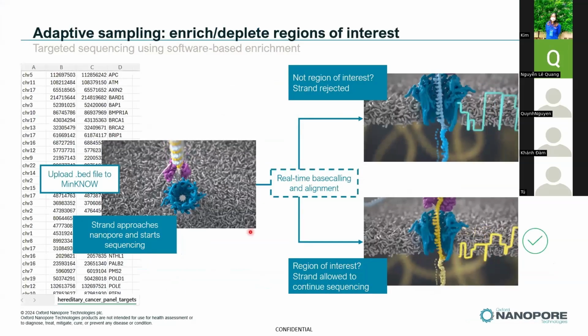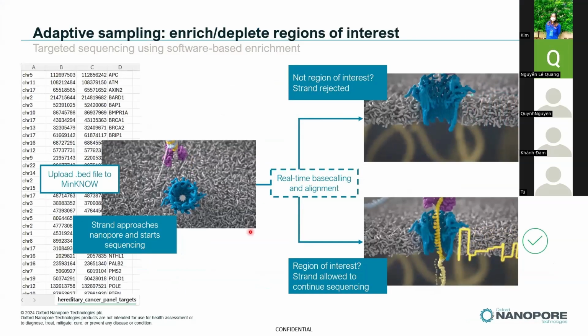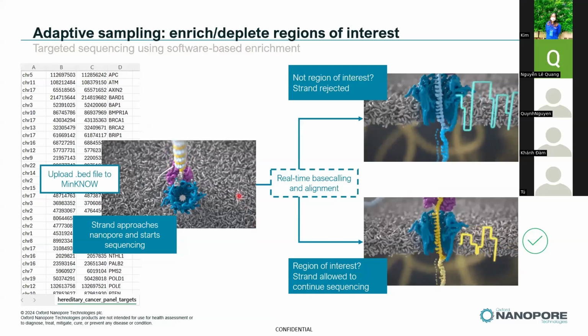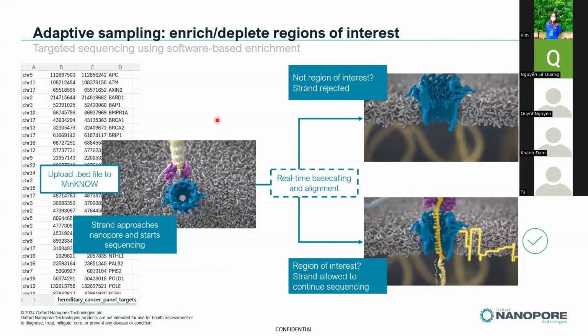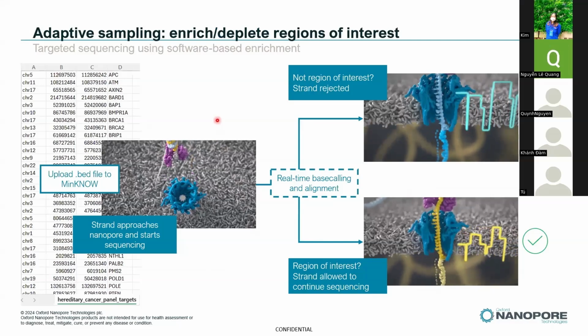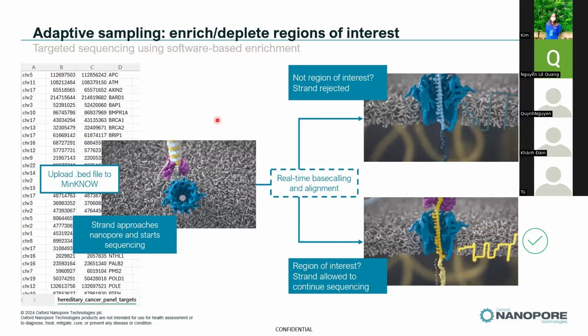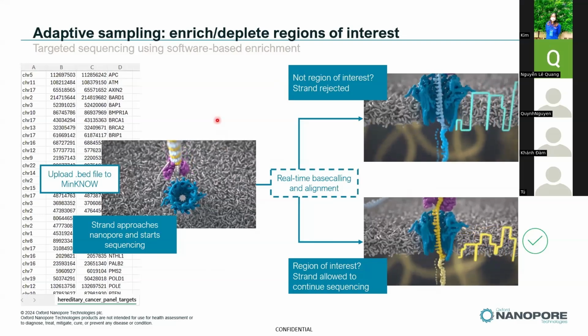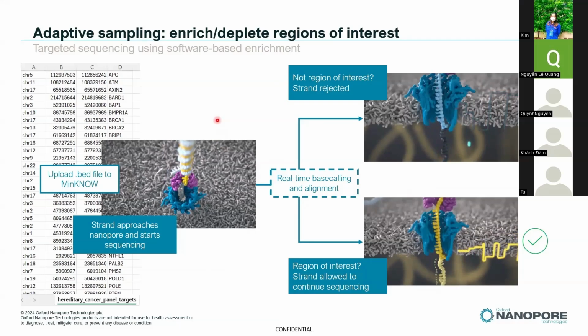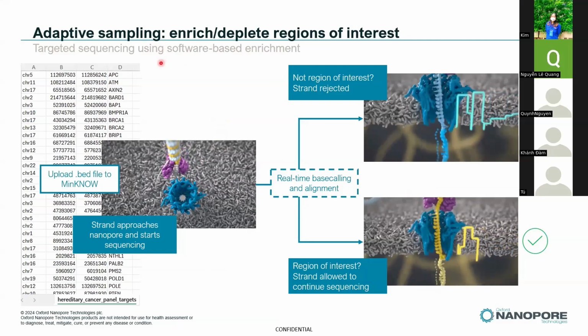And with nanopore sequencing, you can perform real-time targeted sequencing through what we call adaptive sampling, or use this technique to reject targets that are not of interest. For example, if you want to exclude the host genomic DNA in pathogen surveillance. So, what is adaptive sampling?